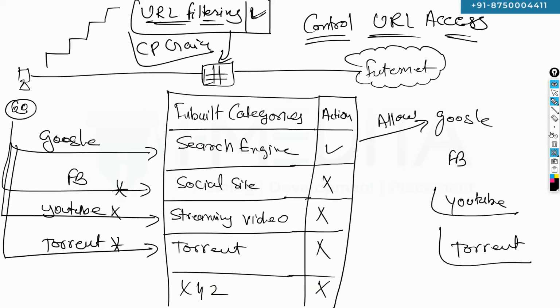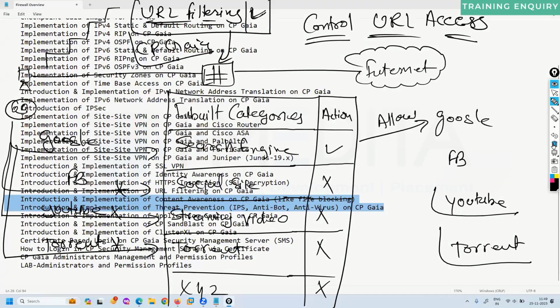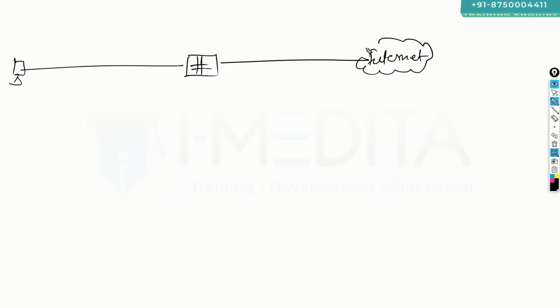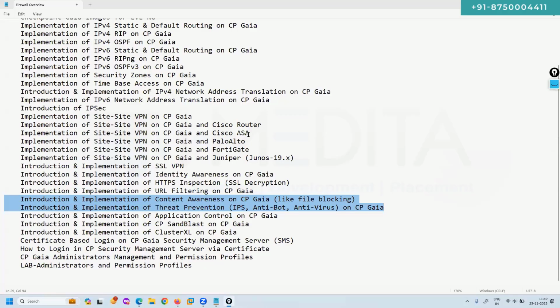Go to the diagram. Okay, one minute. We have a PC connected to the Checkpoint, and the Checkpoint connected to the internet. Till now, with the features we have covered, we can see the data, we can identify users, and we can control URL access. But now we want to control the data which is accessible to the users.